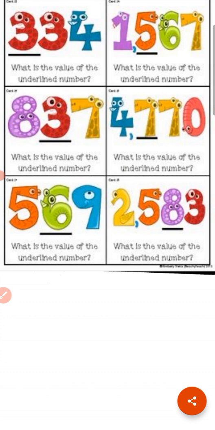Children, place value is the value of a digit in a number on the basis of its position in the number. So it is important that a digit can be the same but its value will depend on its position in the number.